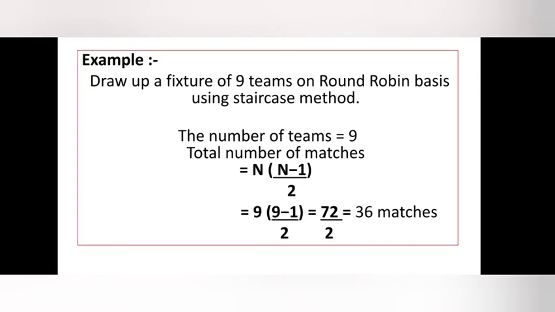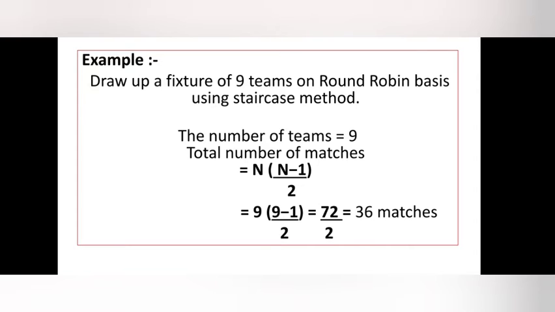The second point we calculate is the total number of matches, meaning how many matches are conducted in this staircase method or league tournament. The formula is n(n minus 1) upon 2.